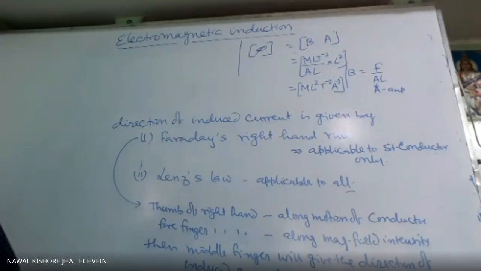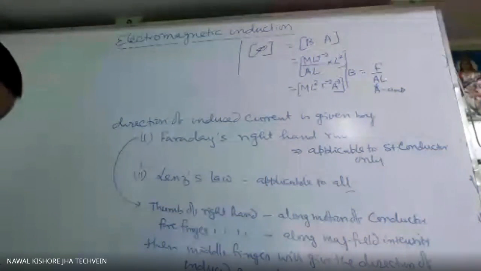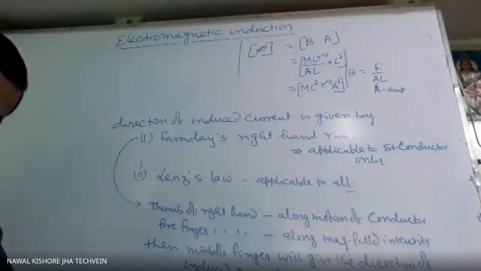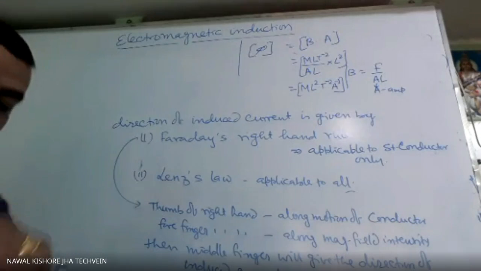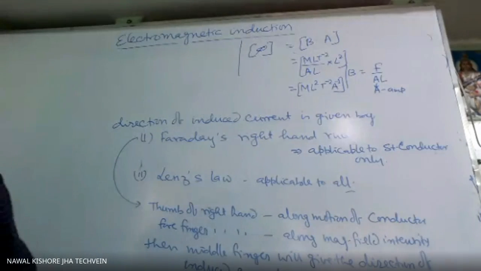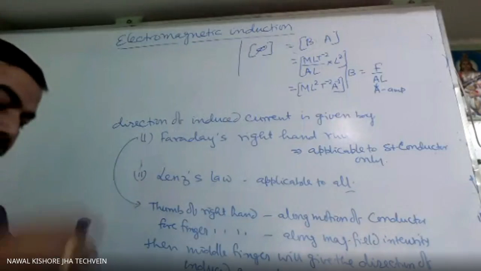Right hand thumb rule gives the direction of magnetic field when current is passing through a straight wire. Fleming's left hand rule, it is Fleming's, not Faraday, sorry, gives the direction of force, whereas this right hand rule of Fleming gives the direction of induced current.